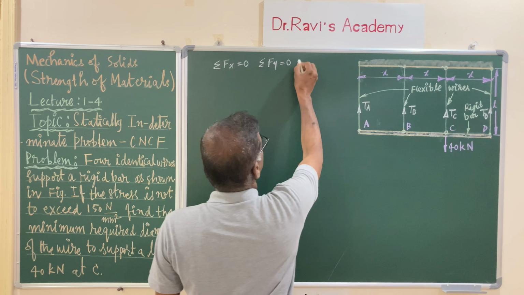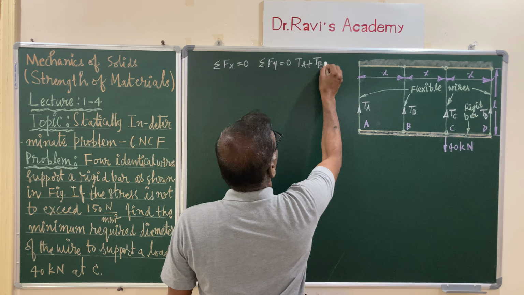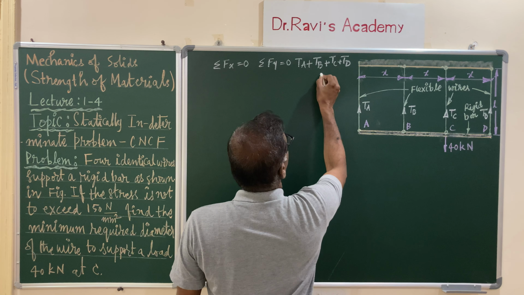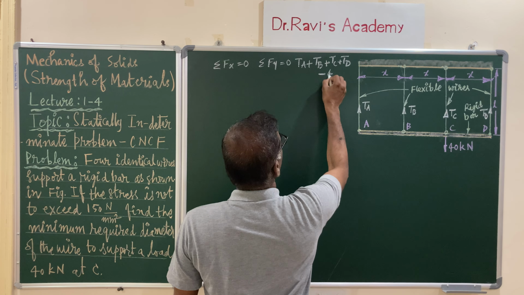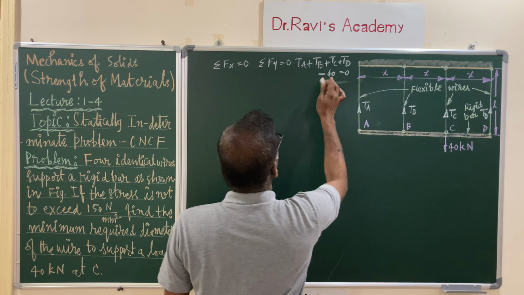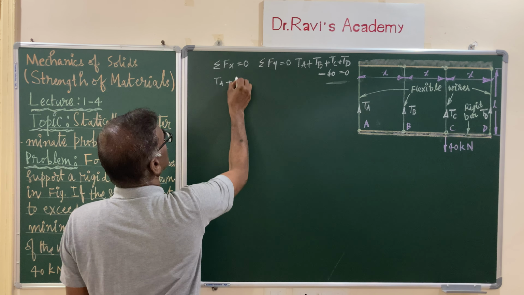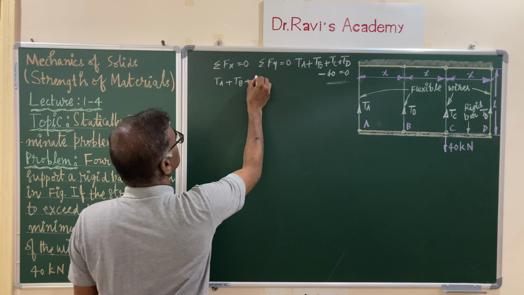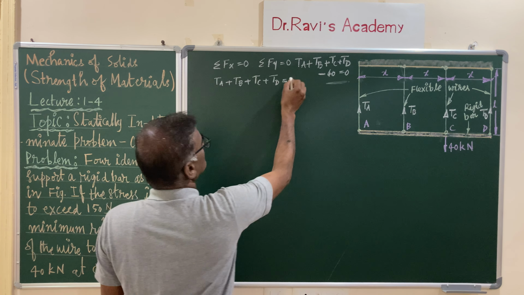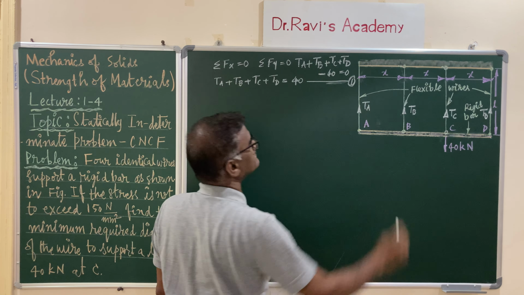So this equation is TA plus TB plus TC plus TD minus 40 kilonewtons equals 0. Rewriting, TA plus TB plus TC plus TD equals 40. This is my equation 1.